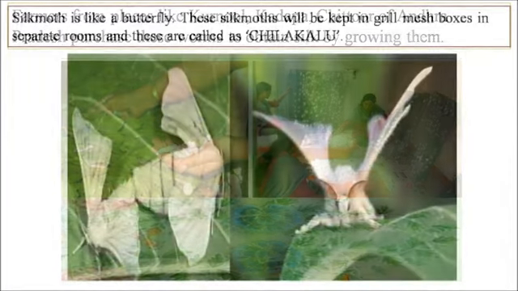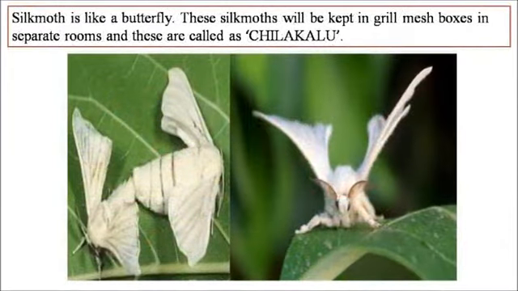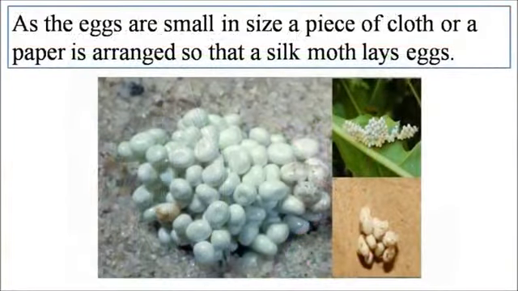Silk moth is like a butterfly. These silk moths will be kept in grill mesh boxes in separate rooms and these are called chilakalu. As the eggs are small in size, a piece of cloth or a paper is arranged so that a silk moth lays eggs.